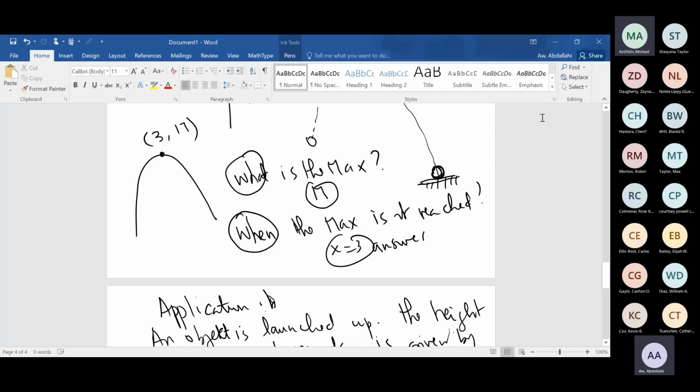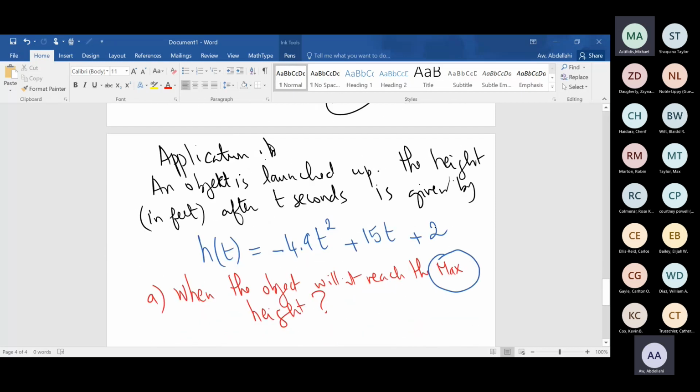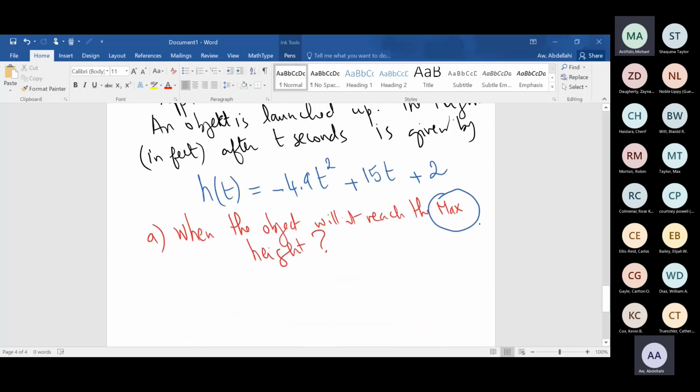So now if I come back, I ask you the question again. What's going to be the answer? The h or the k now? When do we reach the maximum? The h, thank you. The answer will be the h. Very short answer. And what is the h?